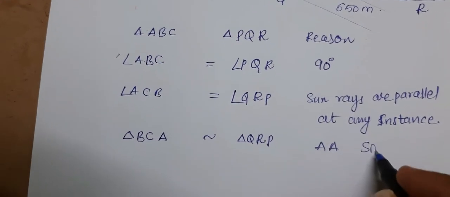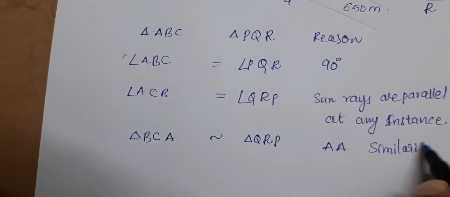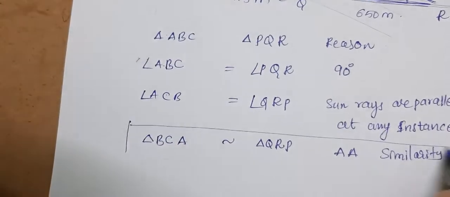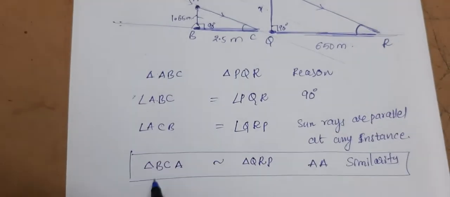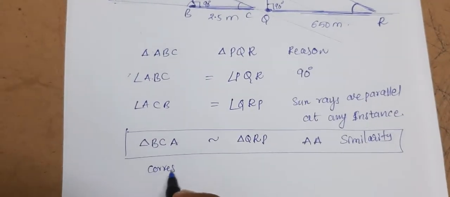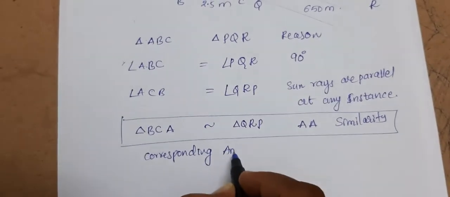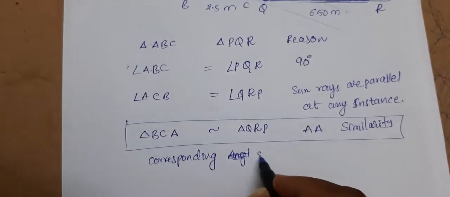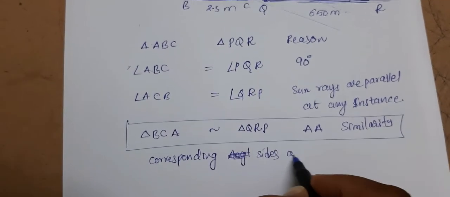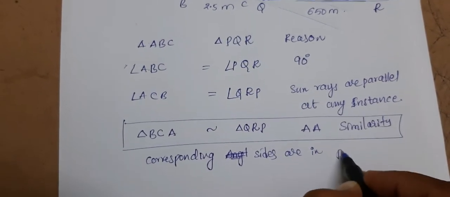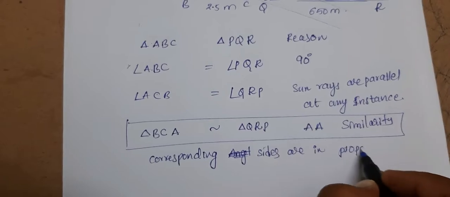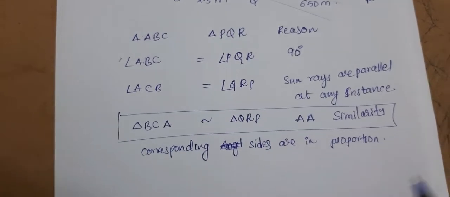By similarity, right? Now I should write the corresponding sides in proportion, right?